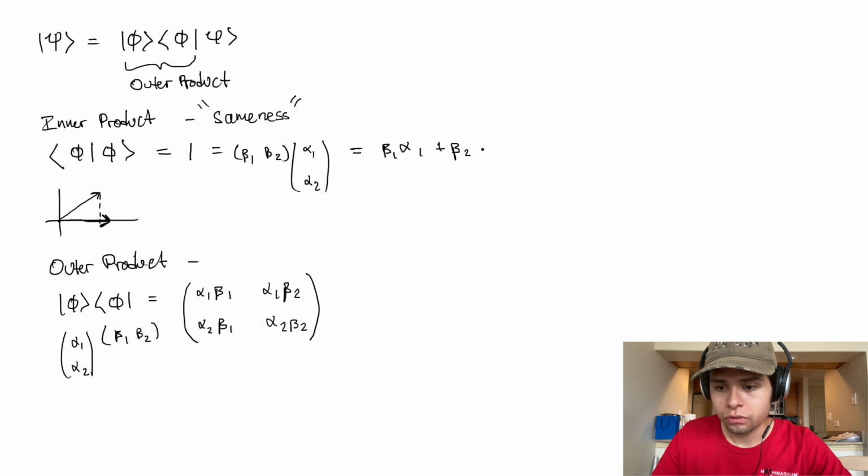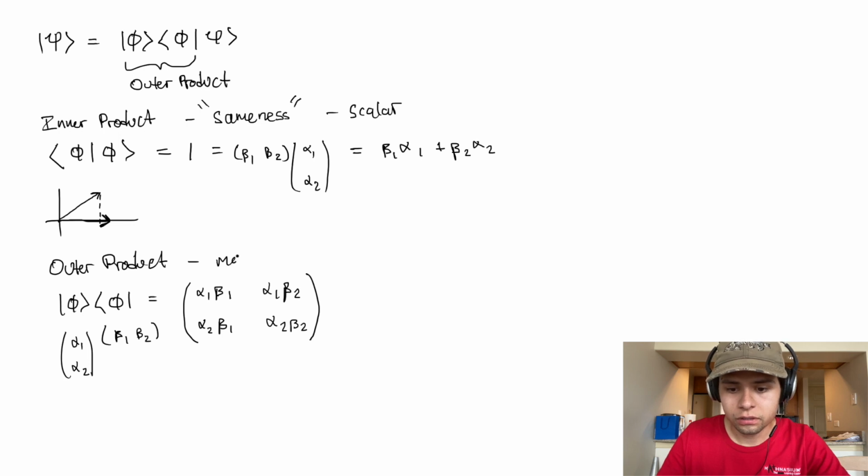And this is a number because we're adding these two things together, and that number is 1. So here we get a scalar, and here we get a matrix.